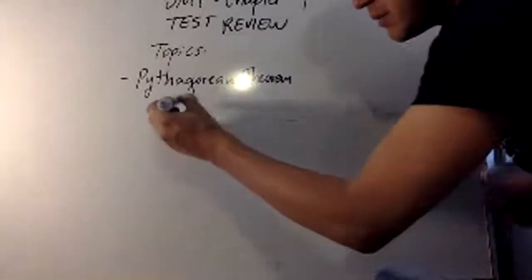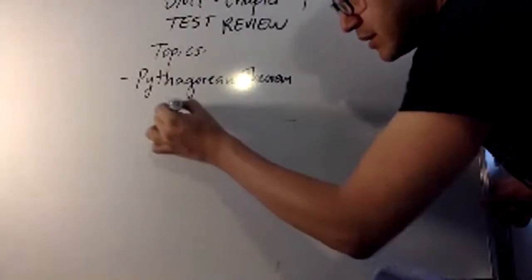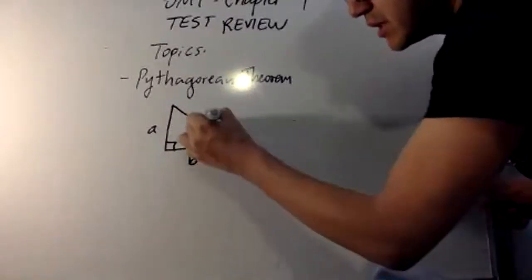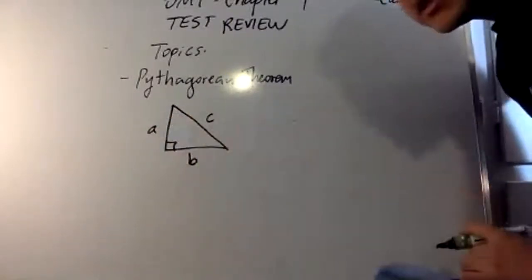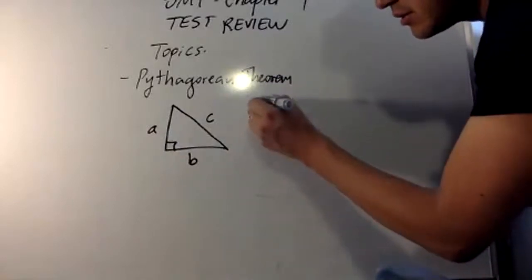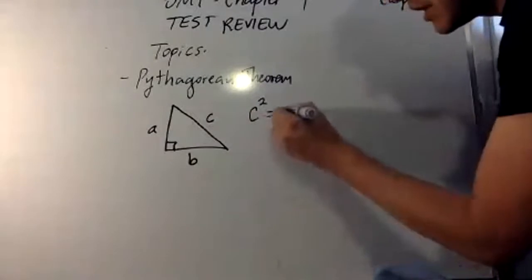Okay. So, Pythagorean theorem, all right? We have a right triangle. We have A, B, and C, A and B being the legs, C being the hypotenuse. They have this relationship.